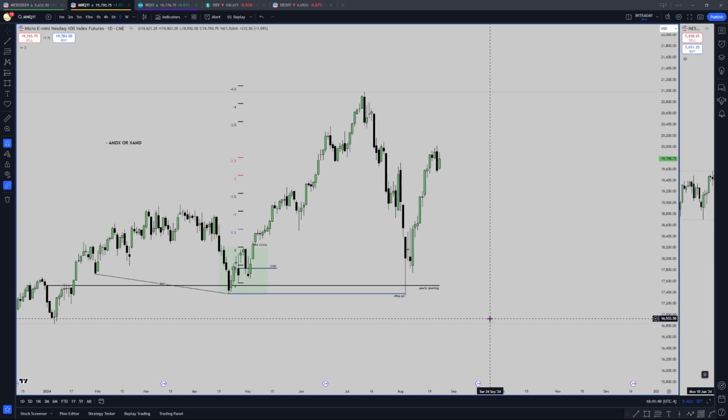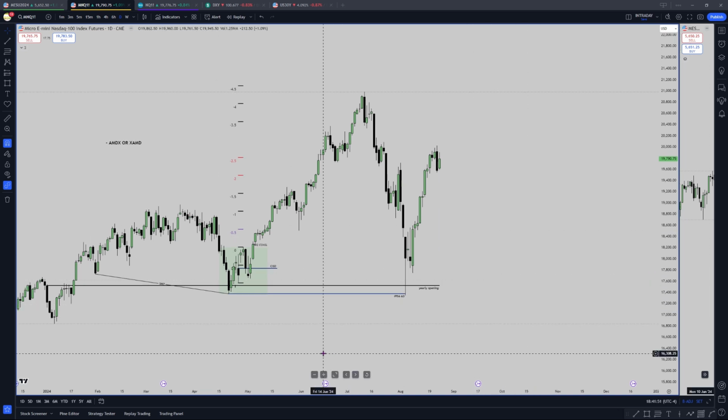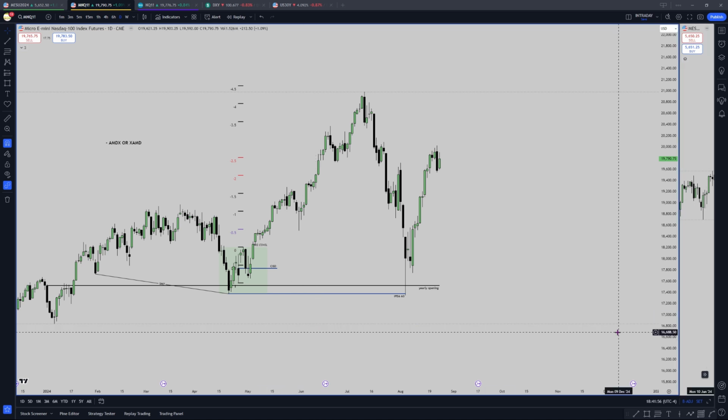So the thing with standard deviations, there's a lot of variety to how you can use them, but personally, yeah, standard deviations are OP. So I usually take it from the bottom of the leg to the top, the leg that changes the state of delivery and also forms a smart money reversal. So this low to this high, you guys can see how we tapped into this level and we keyed off of it.